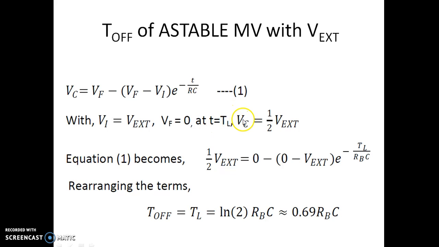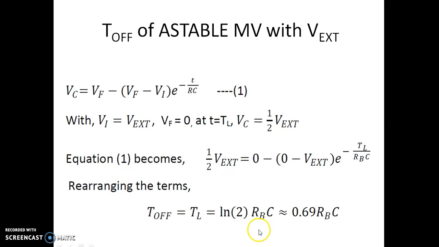And at t equal to TL, the capacitor voltage will reach half of the V external, that is VTL. Substituting all these parameters, it is surprising to see the T off happens to be the same as before, without using that external voltage. It is 0.69 Rb into C, meaning if we change the external voltage, that is, the higher threshold voltage VTH, only the on time changes, the off time remains constant.